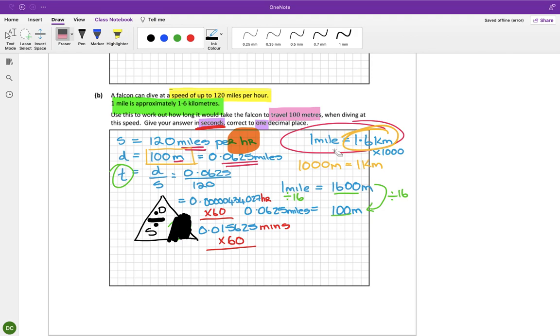Oh, I think I did something funny. Hang on, let me fix that. So 0.0625 divided by 120 equals that. Okay, sorry, I think I typed something in funny. Hang on, I'll just check it one more time. 0.0625 divided by 120 equals.